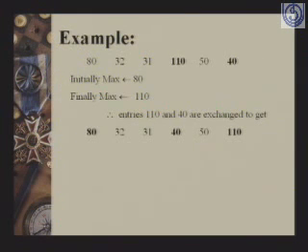Friends, here again the example is 80, 32, 31, 110, 50 and 40. So what do we do? We make the first element the initial maximum. That is, we assume the very first element is the maximum among the list of numbers, and its position is 1.